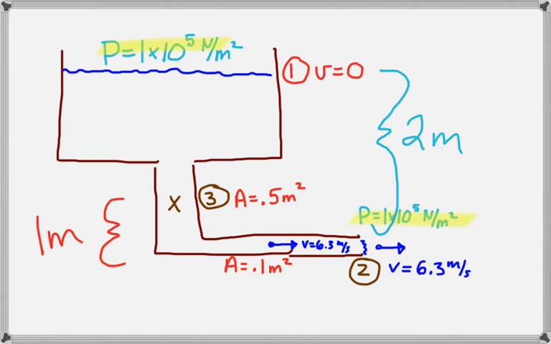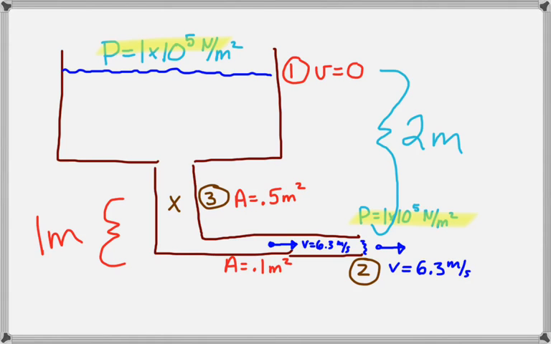So there are 2 competing factors here, and that's what I want you to realize. There's the velocity factor: faster velocity means lower pressure. And then there is the depth factor: deeper means higher pressure. So we can't just make a direct comparison between point 2 and point 3. We actually have to go back and do the math, figure out what that pressure is going to be.